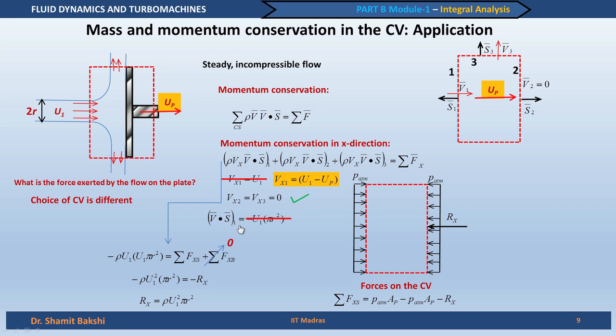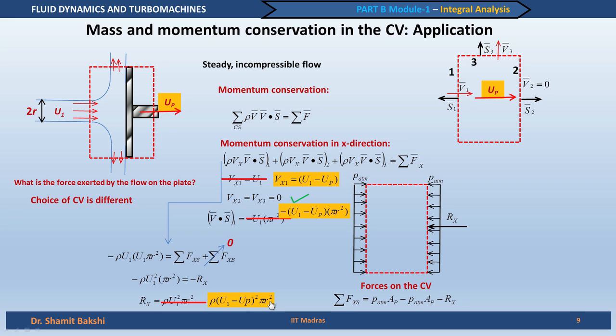Again, V dot S at control surface 1 will be different, because V bar itself is different. Instead of minus u 1 into pi r square, it will be minus of u 1 minus u p into pi r square. So, the final force R x will also be different: it is rho into u 1 minus u p whole square into pi r square.